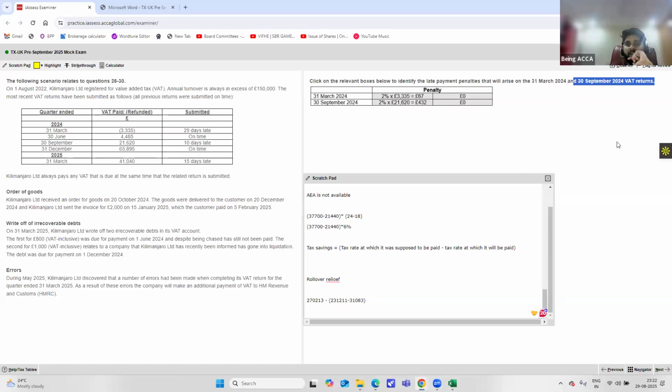Payment penalty, not filing penalty. Why? Because there is a refund that you will be getting. Because of that, there will be no penalty that will arise. Correct. Because it is claimable. So that is the answer for that.